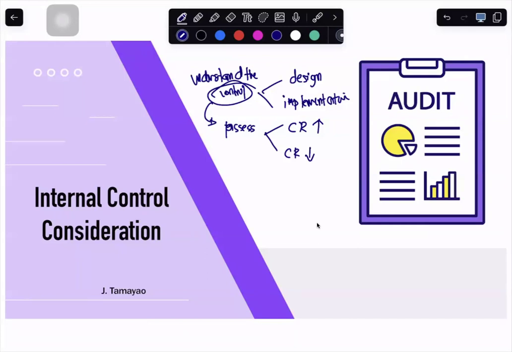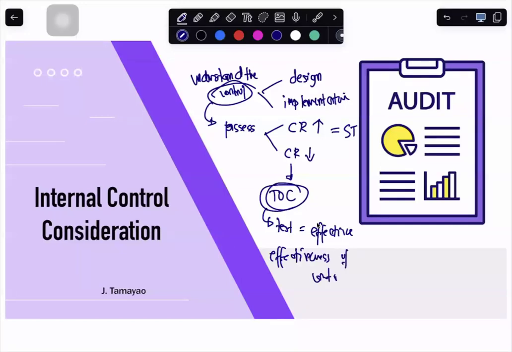So if the control risk is high, you go directly to substantive tests. So if the control risk is low, then you go to test of controls. Now, in your test of controls, what we test is whether the control is effective. So normally, we check the effectiveness of control.